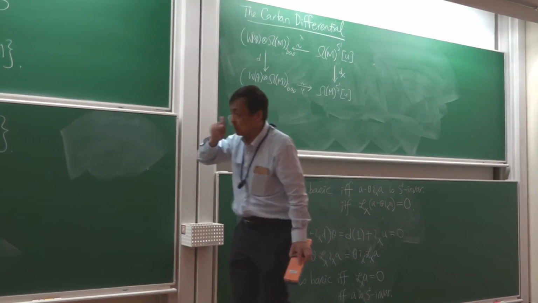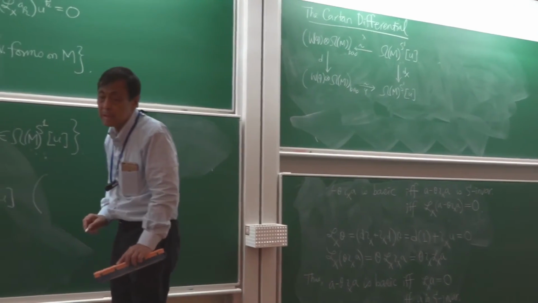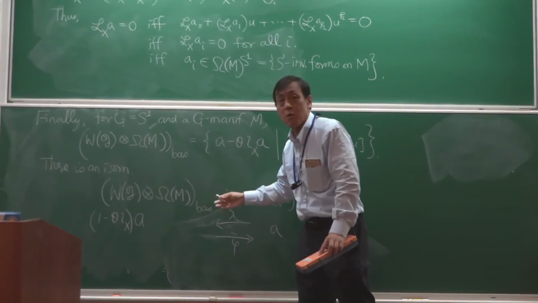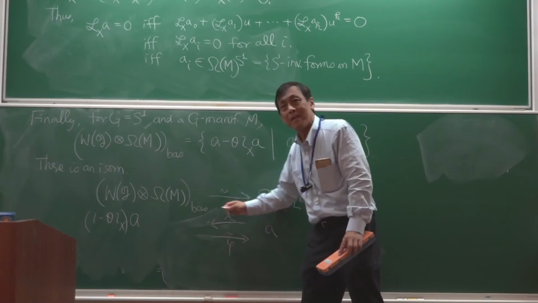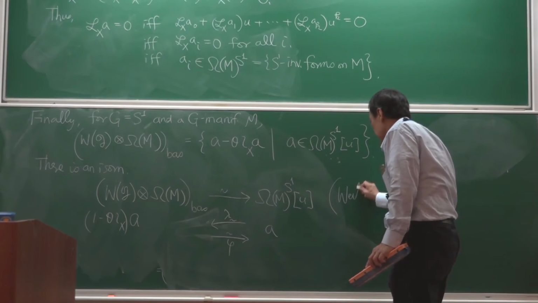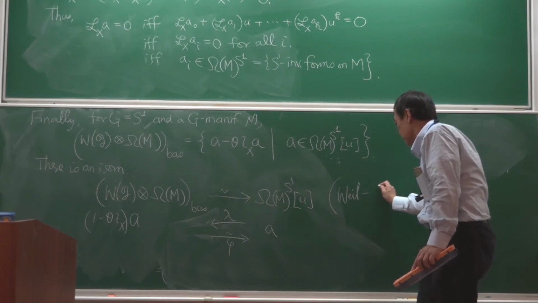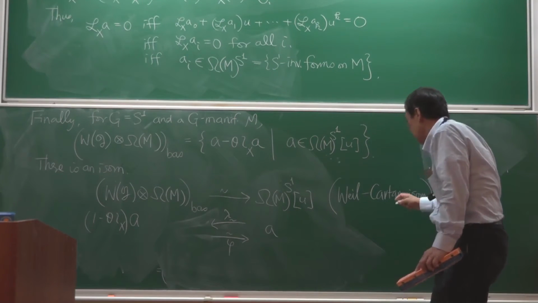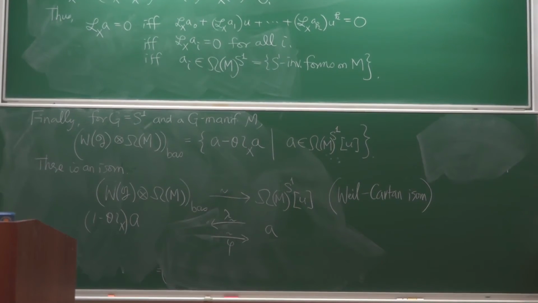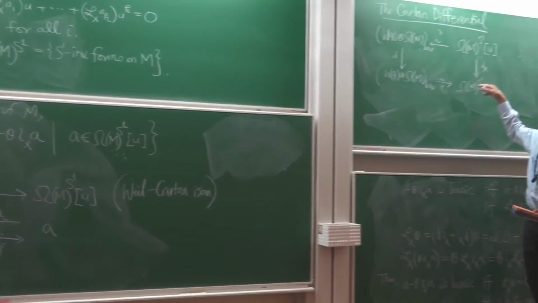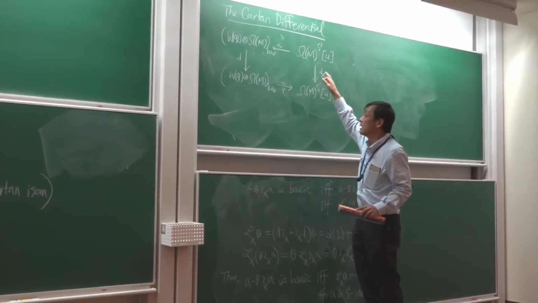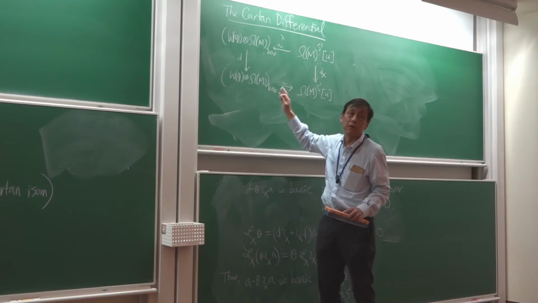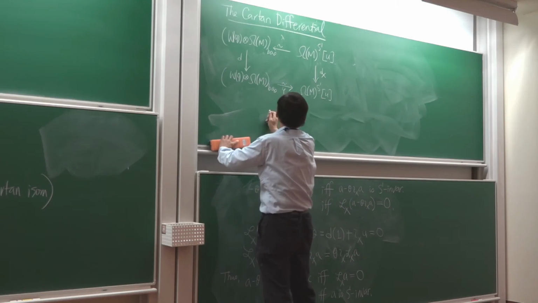So now this isomorphism, I think it probably makes sense to call it the Weil-Cartan isomorphism, because it's the isomorphism from the Weil model to the Cartan model. So the Cartan differential is the map in the Cartan model that corresponds to the Weil differential under the Weil-Cartan isomorphism.